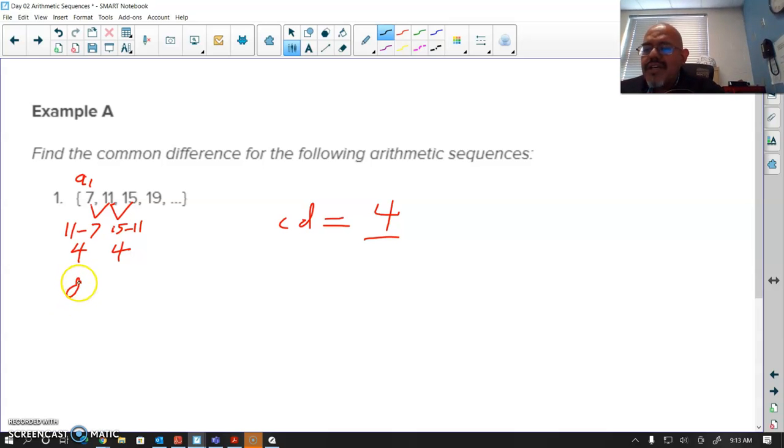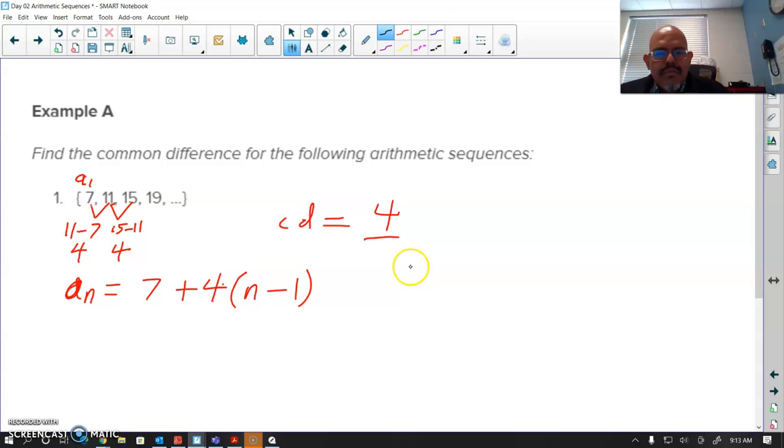So a sub n is equal to 7 plus 4 times n minus 1, where n is equal to 1, 2, 3, 4, whatever. So that's the explicit function.